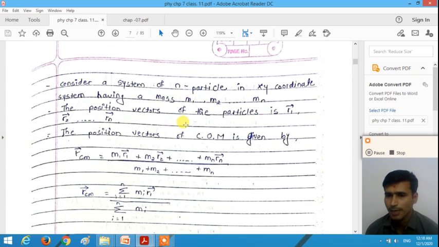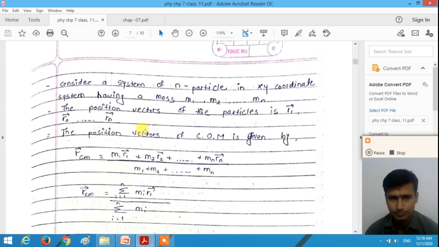So in two dimensions and three dimensions we need position vectors, right? The x coordinate, y coordinate and z coordinate are there in three dimensions, and in two dimensions the x and y coordinates are there, right? So the position vector r1 means the x coordinate of the first particle is x1, y1, then x2, y2, right?